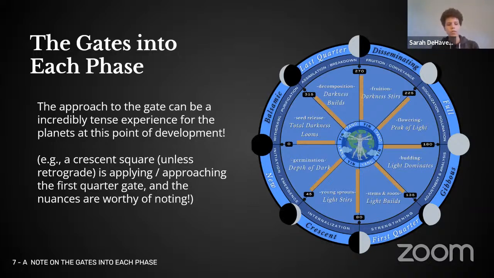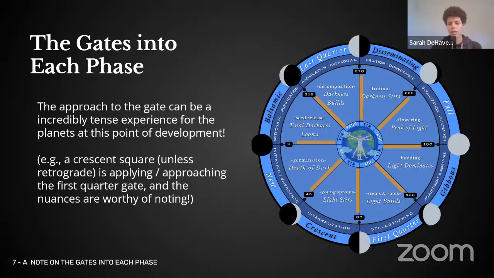Some people might look at a square between two planets, especially ones that could be quite volatile, like say Uranus and Mars, and say, oh, well, a lot of violence is coming into my life and I'm experiencing a lot of conflicts and I don't know what to do with them.